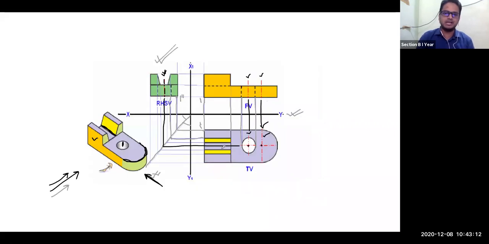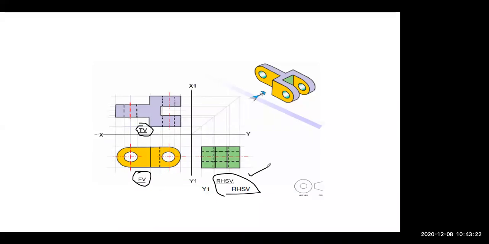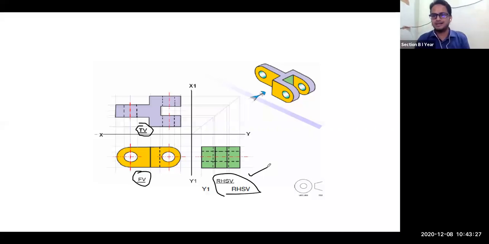In the previous figure, you can see the front view is above your reference line and the top view is below the reference line. But here in this case, it is the reverse. And this is the best rule that you students can remember: if the right hand side view is on the right hand side, then it is nothing but third angle projection. Okay, very good.